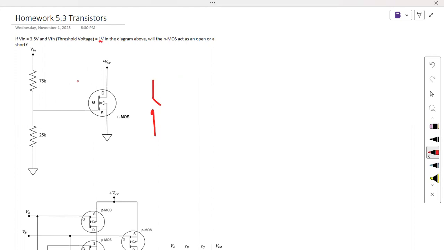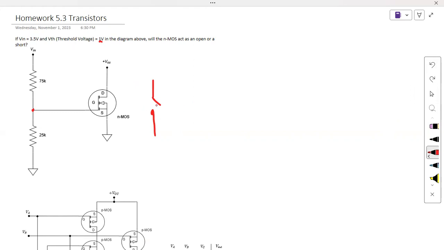So this problem really is just deciding if the voltage at this node is greater than 1 volt or not. If it is greater than 1 volt, then the NMOS will act like a switch and it will be a short, letting current flow through it. Else, it's going to be an open and it won't let any current pass through.